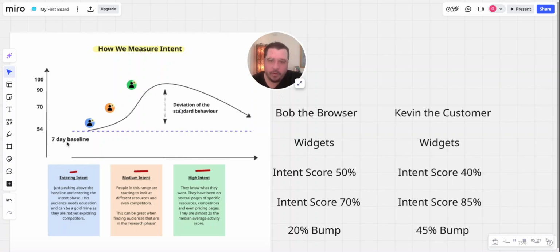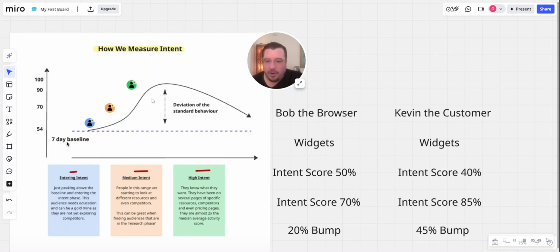What we are looking for is called a deviation of the standard behavior. Bob the Browser, his standard behavior, he was interested in widgets, blogging around, looking around, not doing the buyer type signal. Kevin, interested in widgets, not really Googling around much. And then all of a sudden, Kevin is hitting pricing pages, review pages.